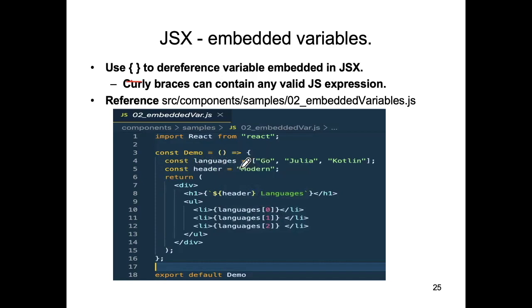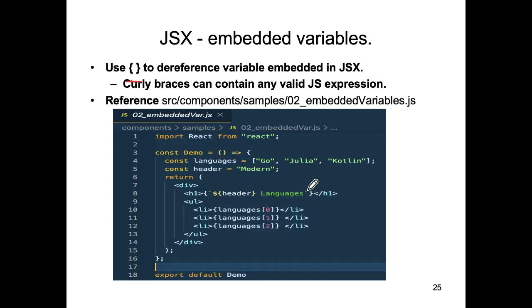And down in my JSX, I'm referencing these variables. So here we go, where I reference the header variable, and I'm actually embedding. So the outer curly brace is here, this curly brace and its corresponding closing curly brace. This is the JSX embedding that I'm talking about.